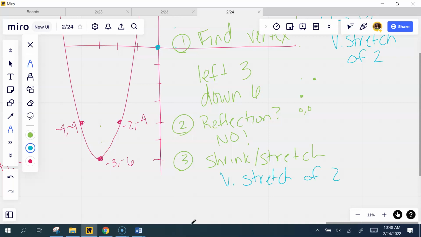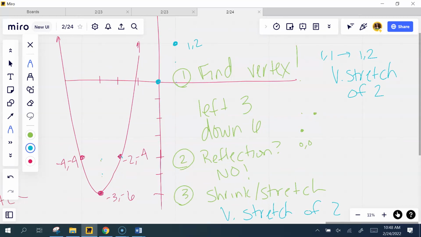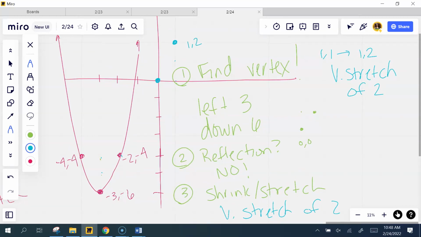Identify your vertex and find your slide: left, right, up, down. Then slide it back to the origin so you can see how it moved. From the vertex, this point is up 2 over 1. So if I were up here on my parent function, it would be up 2 over 1, and that's where I would be. The vertical stretch of 2.